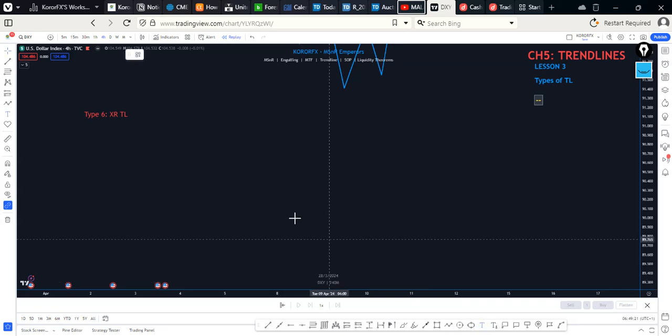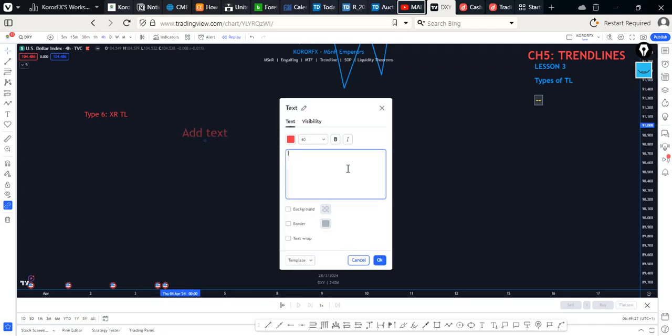So first things first, we have to understand what the X means and what the R means before I continue. So X is, for example, a price action. Okay, a price action that is being formed by two trend lines.